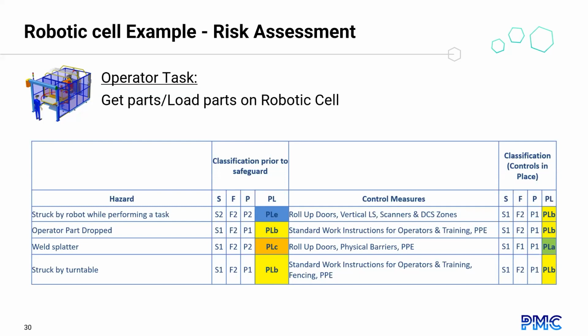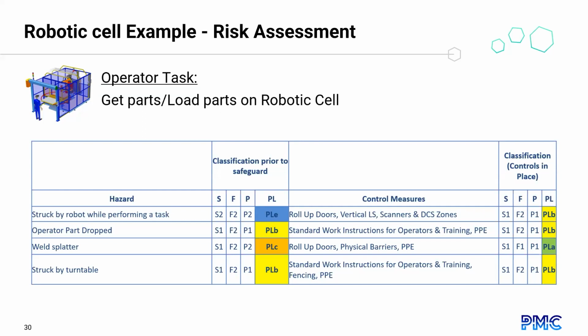And what can we do here to guarantee safety to this operator? Well, in this scenario, we can provide again some operator training, standardized work instructions, protective fencing to isolate this turntable rotation, and also personal protective equipment for this worker.